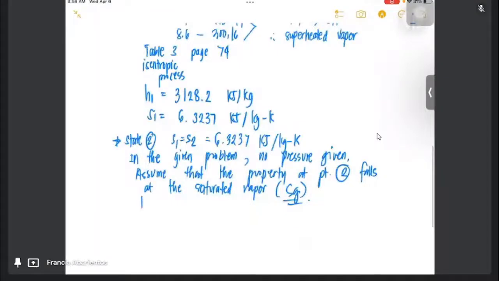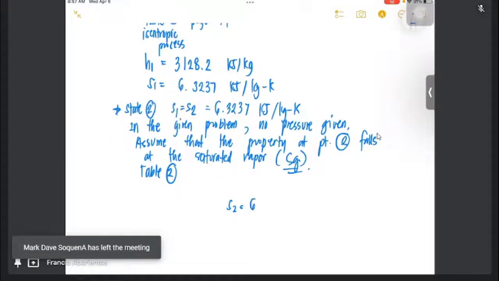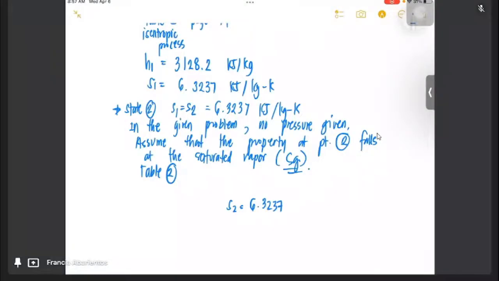Ayan, table 2. Anong hanapin mo doon? Wala tayong pressure but we make use of the entropy part. So, hahanapin natin si S2 which is 6.3237 sa SG sa table 2.